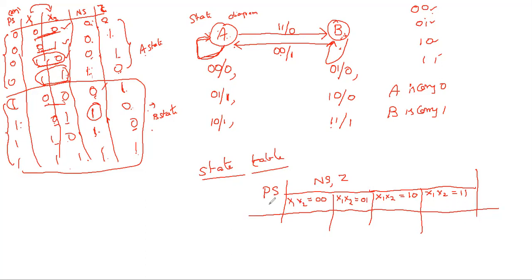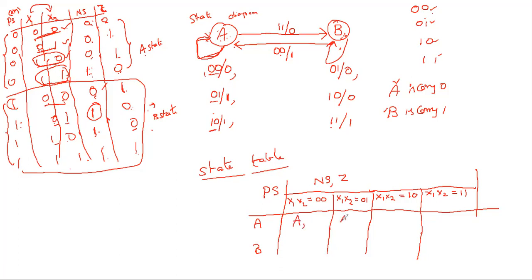Right? Now here present states we have A and B only. So for A, inputs 0 0, 0 1, 1 0: for these three inputs, the next state is A only.